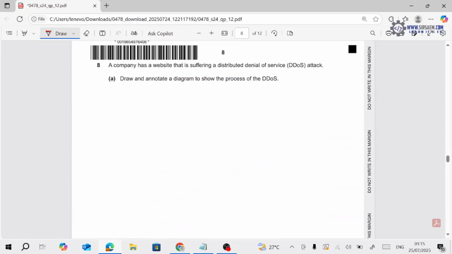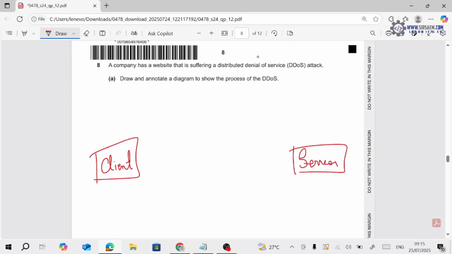A company has a website that is suffering a distributed denial of service DoS attack. Draw an annotated diagram to show this. So if we have over here a client, and over here a server. So basically, what's a DoS attack? A DoS attack is when there is some sort of worm or virus that keeps on sending requests to the server again and again, so many times.